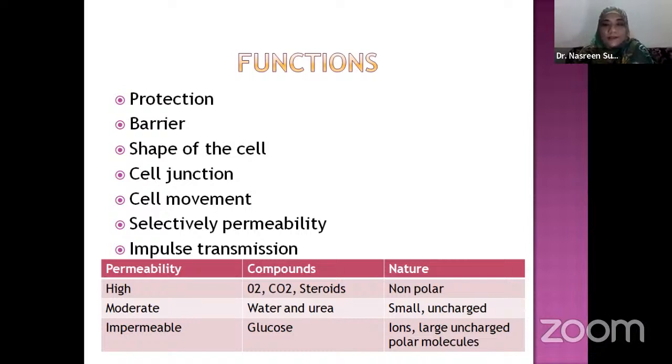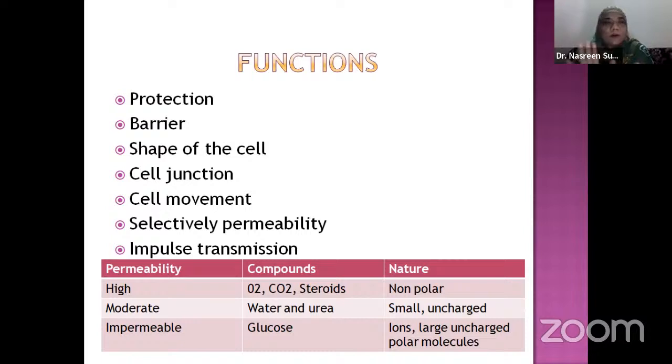Future slides. Now coming to selective permeability. Here there will be three kinds of permeability: high, moderate, and impermeable. High means it doesn't need any permission to enter into the cell.